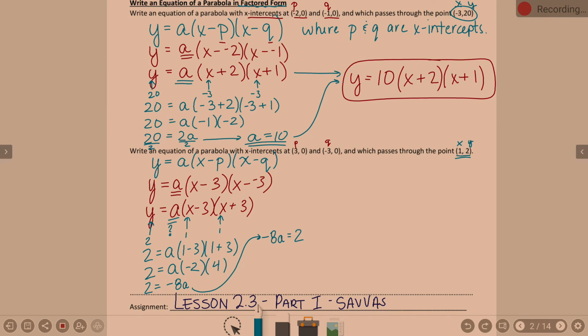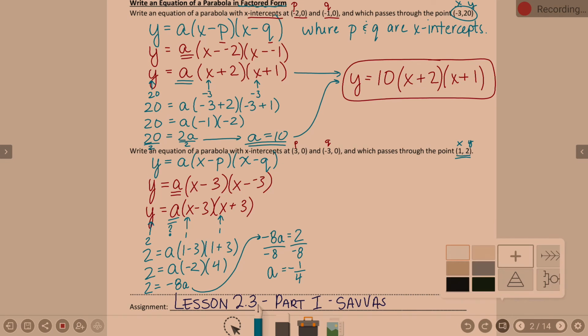What do we do to solve? Divide by negative 8. And if we divide by negative 8, what is a? Negative 1/4? Okay. And I would just leave it as that fraction. Yes, it is negative 0.25 as a decimal.